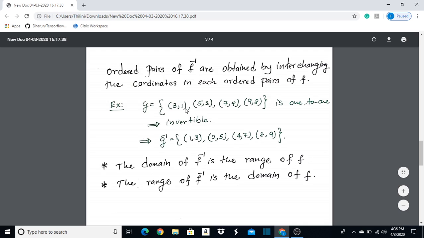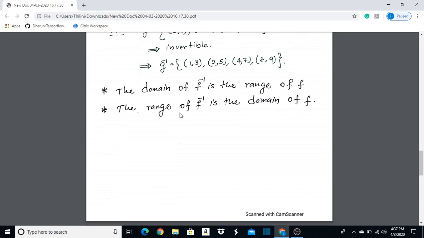Those are the values in the range of the g function, 1, 2, 4, and 8. And the range of the f inverse function is the domain of the f function. Here, the range of the g inverse function is 3, 5, 7, and 9. Those are the values in the domain of the g function, 3, 5, 7, and 9. So you can see that it's switched.